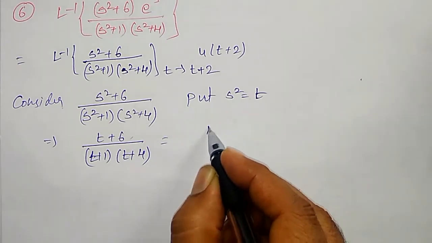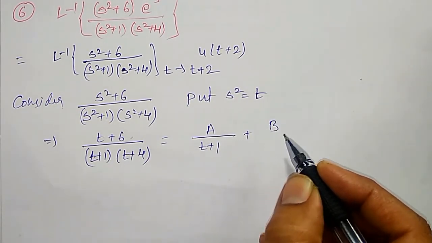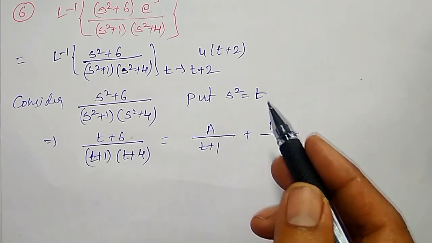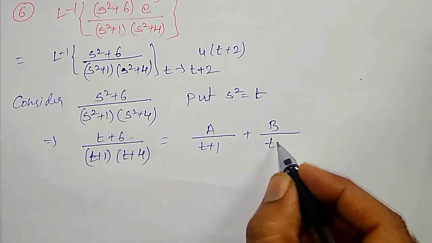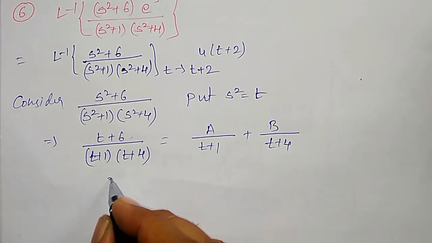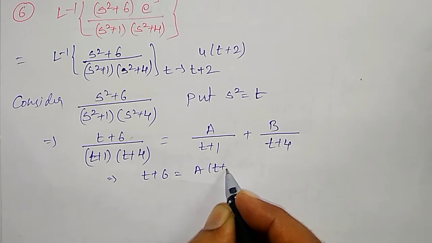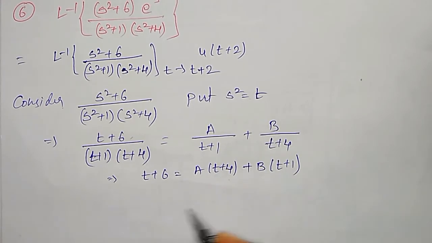Its partial fraction is a divided by t plus 1 plus b divided by t plus 4. Then I have to find the values of a and b. This implies t plus 6 is equal to a into t plus 4 plus b into t plus 1.